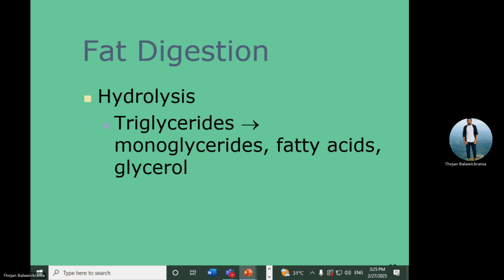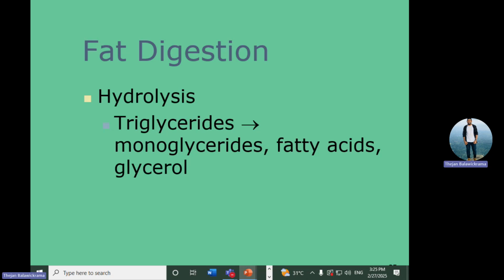Now, after we eat, for us to get energy, obviously there has to be digestion. So fat digestion. We know that to make a fat, we need a glycerol molecule and 3 fatty acids.